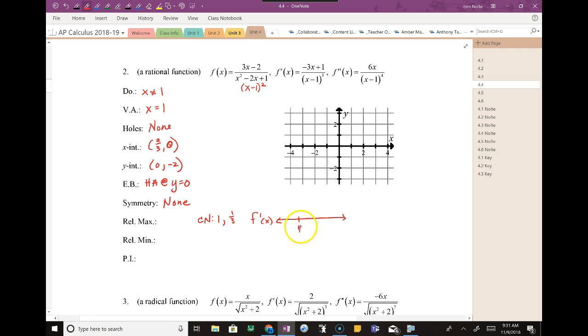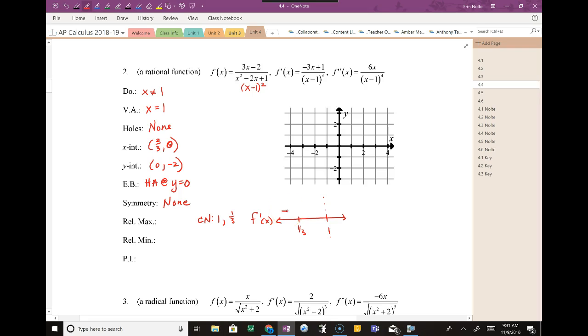Okay, so I'm going to do a first derivative number line test with 1/3 and 1. And I do know that 1 is a vertical asymptote. I don't know why, I like to draw a pretend vertical asymptote on the number line, so I just remember that. So if I plug a value less than 1/3 in, such as 0, into my first derivative, I would get a negative, yes. Okay.